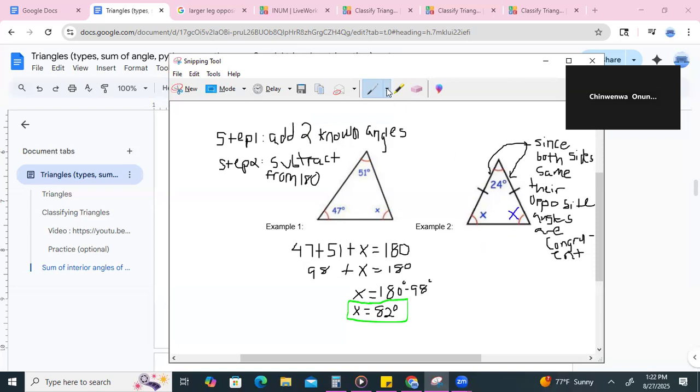So then we can just go ahead and solve by saying 24 plus x plus x has to equal 180, because again, all angles in the triangle have to add up to 180.